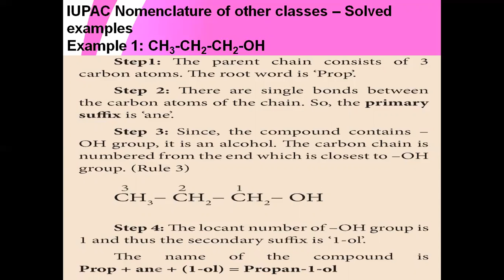So the root word is prop. Next one is the suffix word. These compounds have a single bond. So we use ANE, plus this compound has a functional group OH.